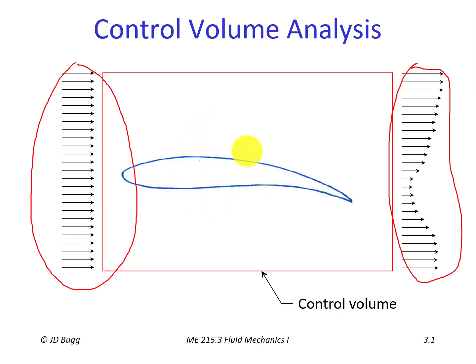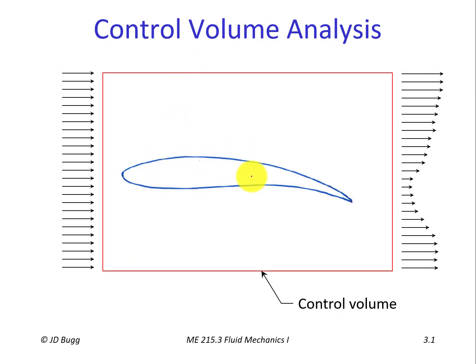And in fact, the force exerted on the fluid happened because there's an object in there. So we can look at the changed momentum at the inlet and the exit, and from that figure out how much force was exerted on the object inside the control volume. So that's how control volume analysis works. It forgets about the details inside.